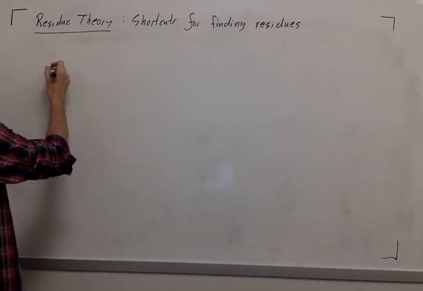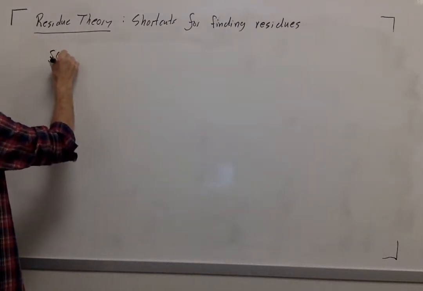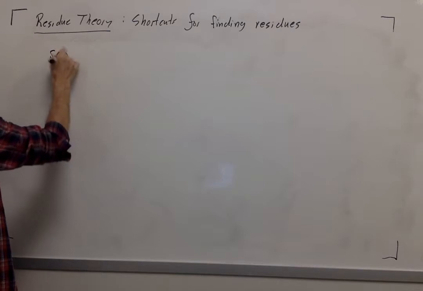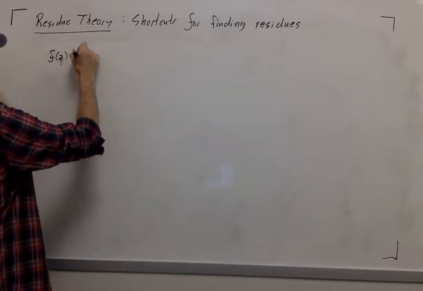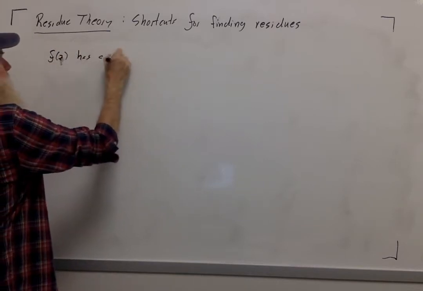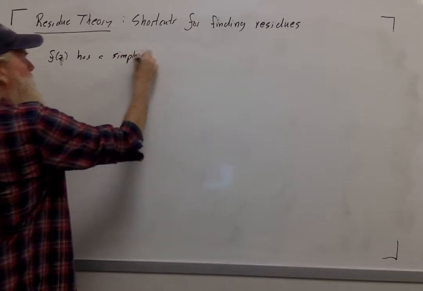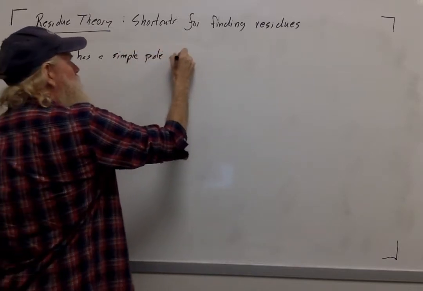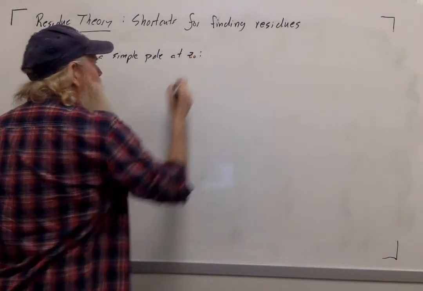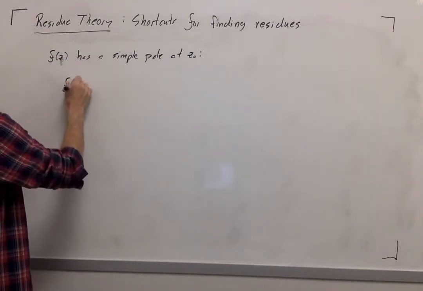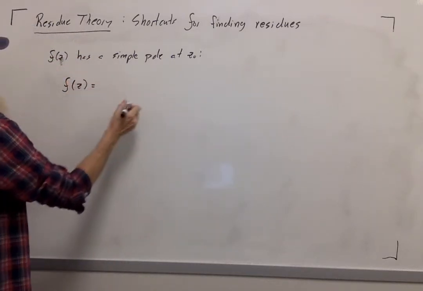So first of all, suppose that f of z has a simple pole at z naught. Then that means that its Laurent expansion would look something like this.